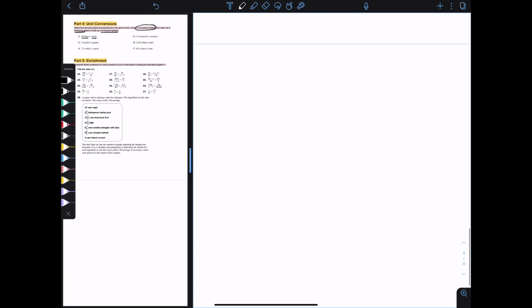Start a new page. Number 12, we have 39 feet and we want to convert that to a certain amount of yards. Okay. YDS for yards. And so if we want to convert that, you start off by writing 39 feet as 39 feet over 1. Anything over 1 stays the same.